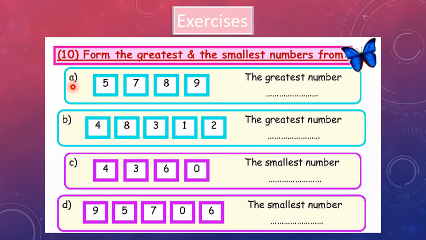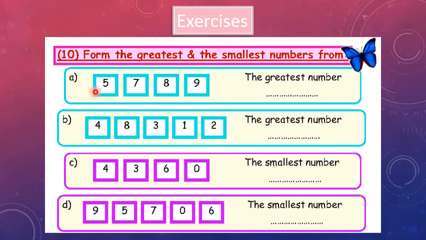Now let's go to our last exercise here, which is form the greatest and the smallest number. Here in each one we have some cards. From these cards, we want to arrange them to find our greatest number or our smallest number. To have the greatest number, we must put the greatest card in the greatest place value.